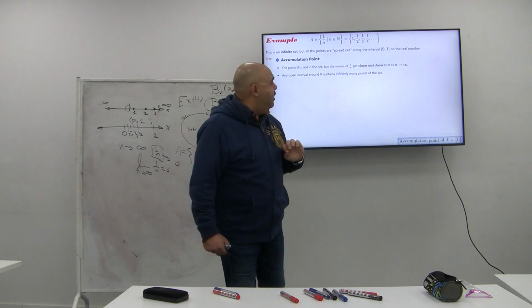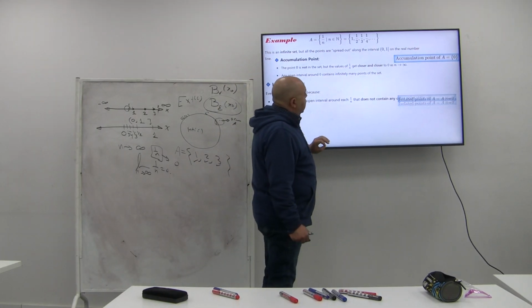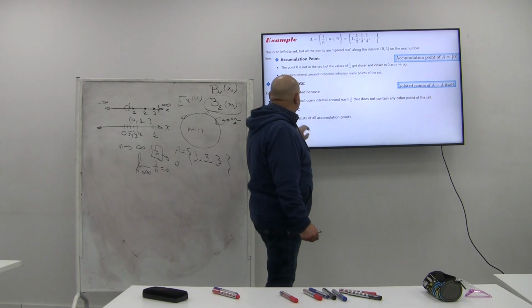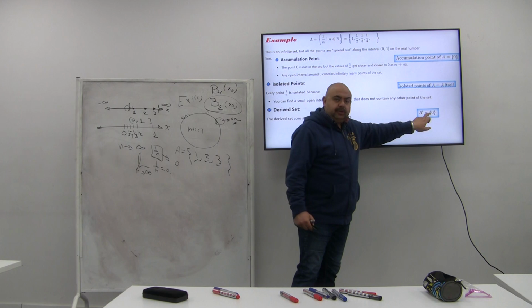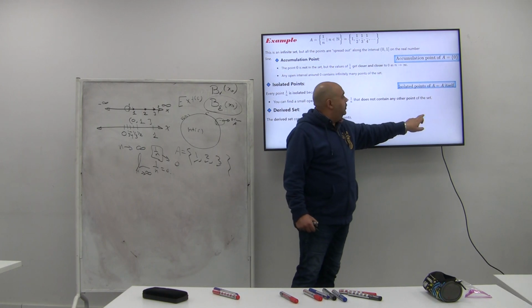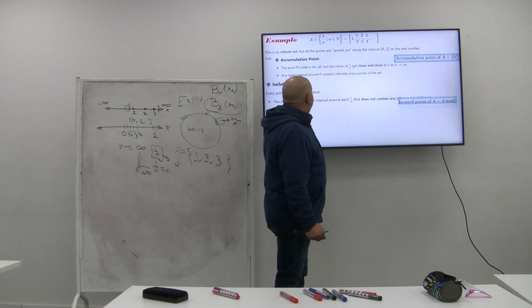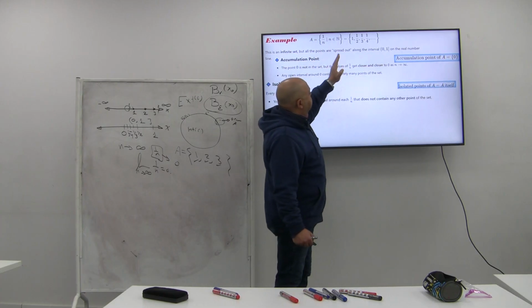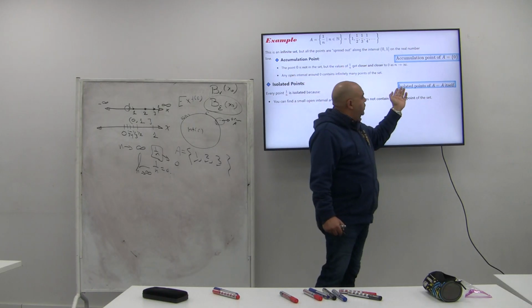And the derived set, okay, this is the accumulation. The derived set is going to be A' equal to {0}. This is the only accumulation point that exists here. So for the isolated points, all the fractions, 1/2, 1/3, 1/4, are called isolated points.